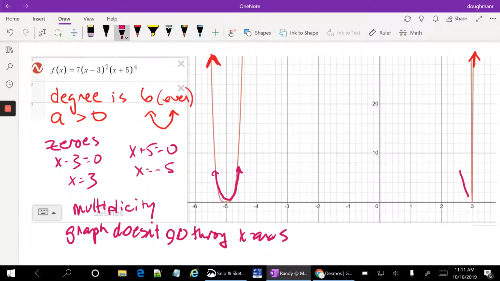Same thing here: it's coming down and then going back up. So I could have sketched that. I could apply the 3 and negative 5. I knew what happened to my end behavior because they looked like a quadratic. And then by looking at multiplicity, I know whether or not the graph crosses through the x-axis, or comes back up.